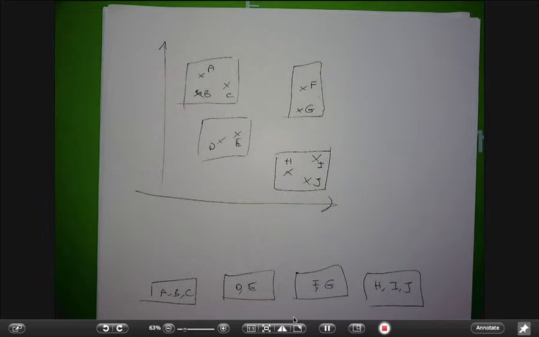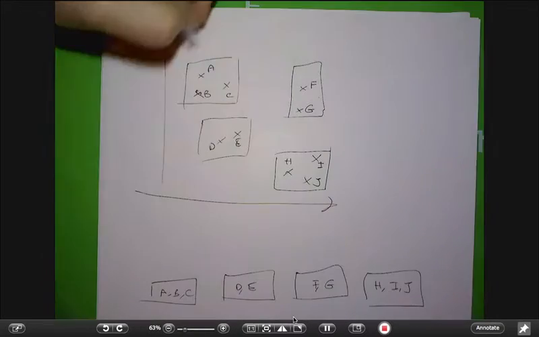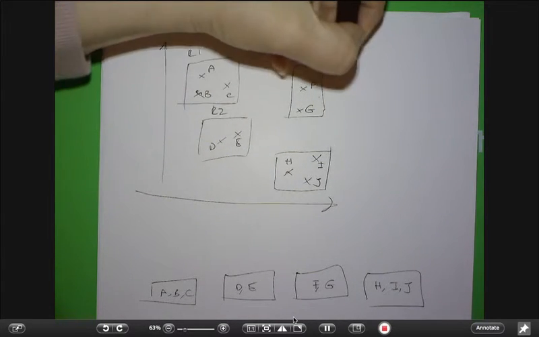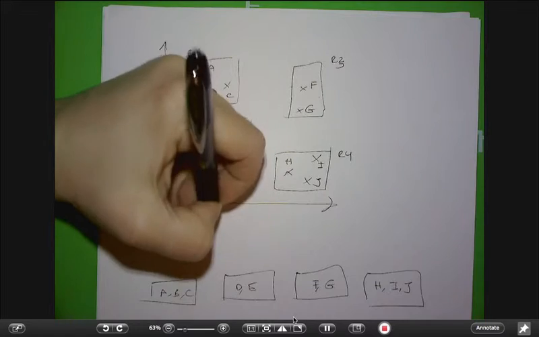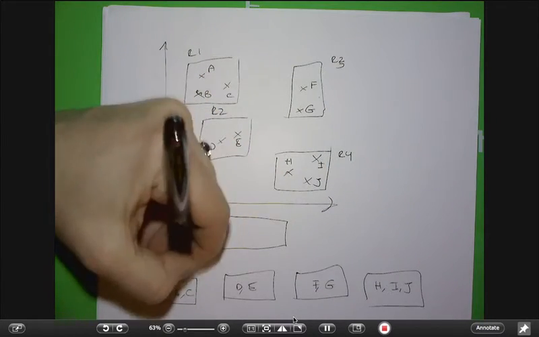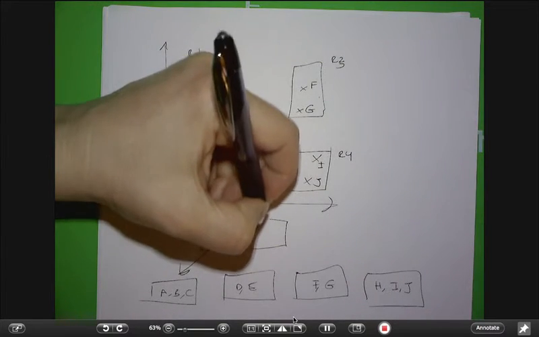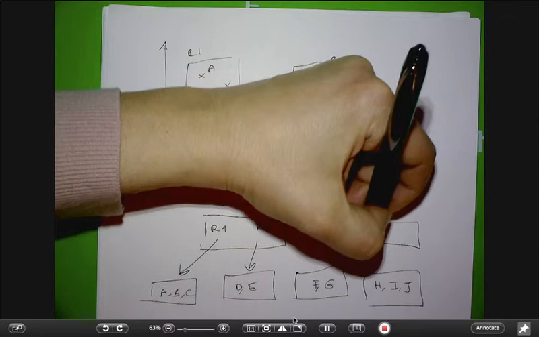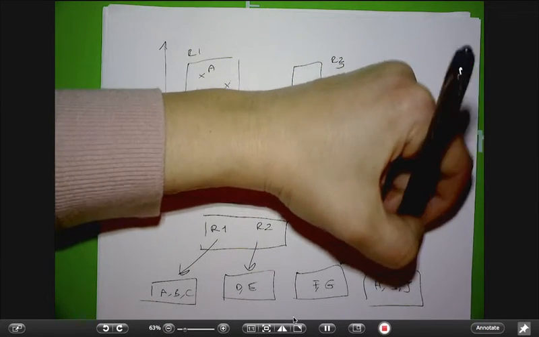The internal nodes will basically be the rectangles that I drew. I mean, they will be tighter than those. But they will be those rectangles that point to those. So let's call these rectangle 1, rectangle 2, rectangle 3, rectangle 4. Rectangle 1 will point to this node, rectangle 2 will point to this node, rectangle 3 will point, and rectangle 4 will point.